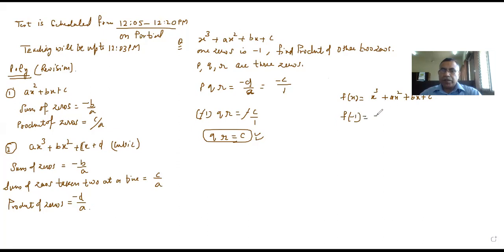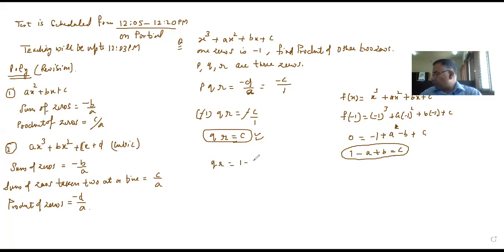So f of minus 1 is equal to minus 1 cube plus a times minus 1 square plus b times minus 1 plus c. So this is equal to 0: minus 1 plus a minus b plus c. So from here, the value of c is 1 minus a plus b. This is equal to c. So you can also write qr is equal to 1 minus a plus b. Please note it down.